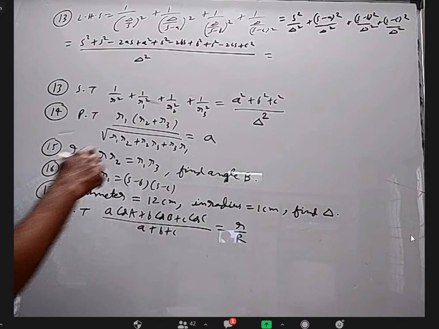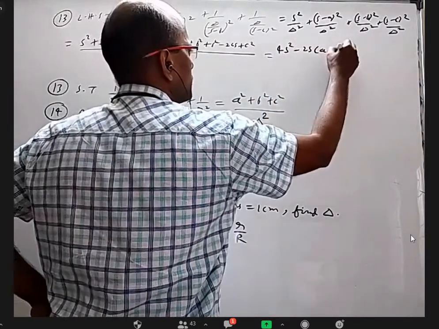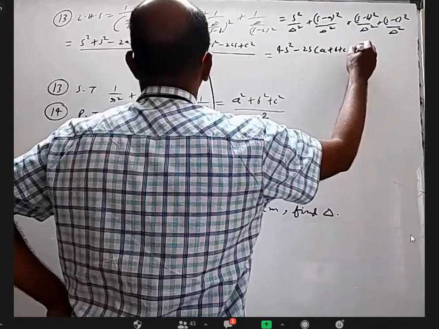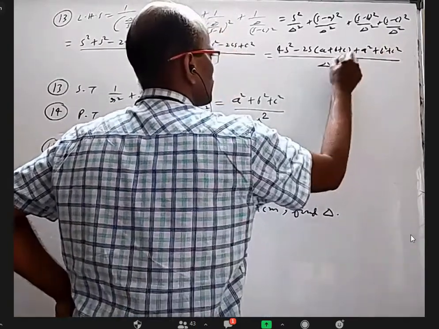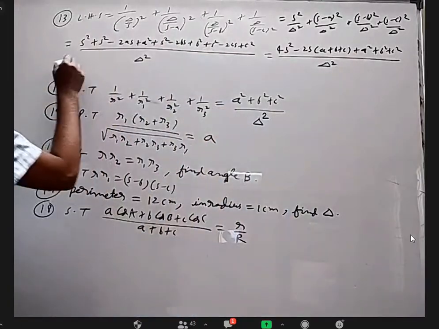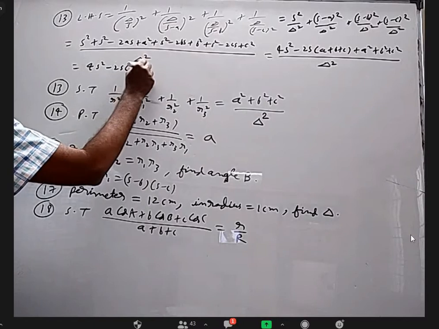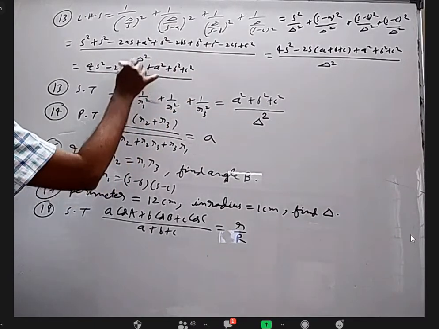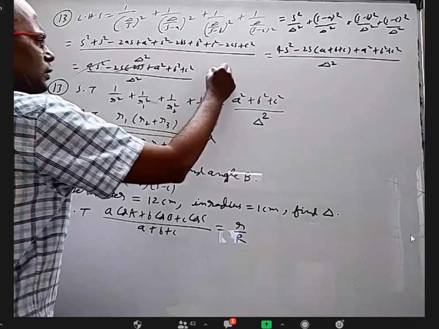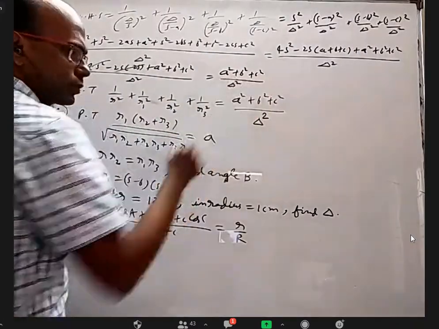I have 4S square minus 2S common, A plus B plus C, plus A square plus B square plus C square by delta square, and luckily it is getting cancelled. 4S square minus 2S into another 2S plus A square plus B square plus C square by delta square. This will cancel. A square plus B square plus C square by delta square.